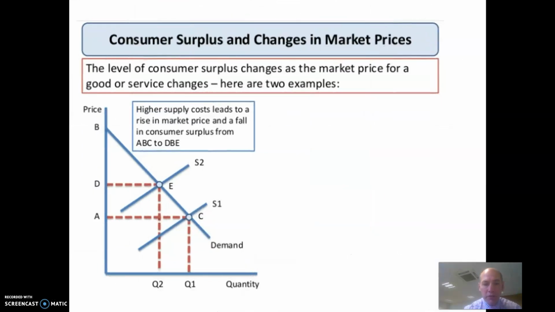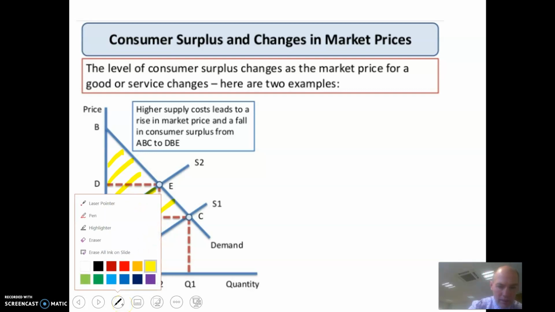Now, consumer surplus will change if the price changes. So if we take the initial scenario here, where the initial supply curve S1 and demand curve intersect, that means that initially the consumer surplus will be that area underneath the demand curve and above the price.